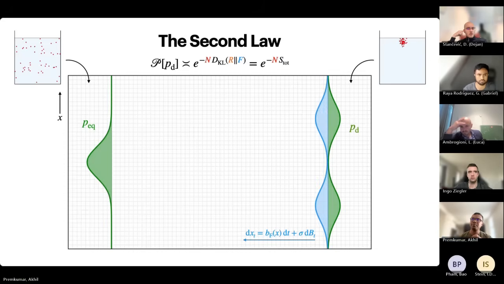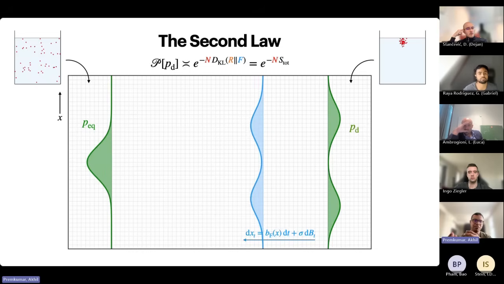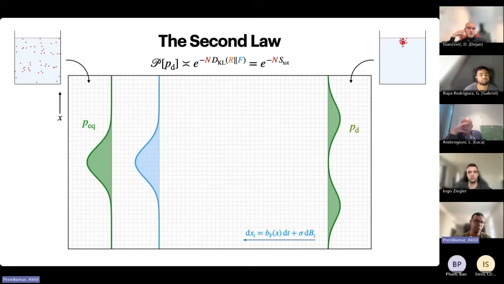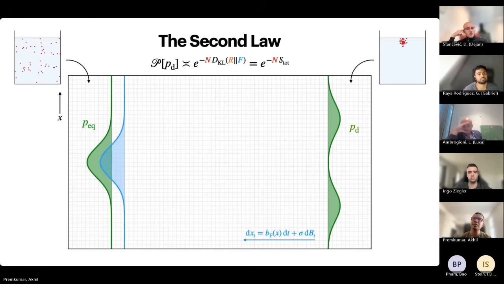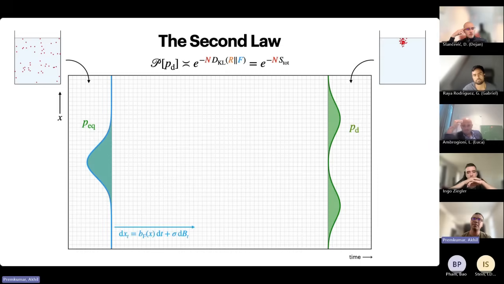So if I apply the forward process to PD, then it just transforms it into this generic Gaussian, which is the equilibrium state for this blue forward process. All right. And what I'm going to do here is apply the forward process on P equilibrium in this direction.